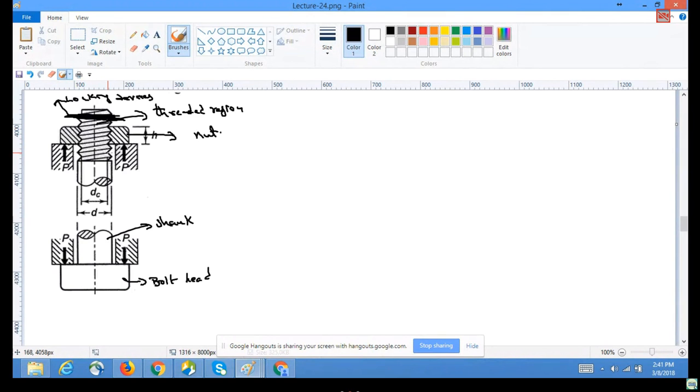But what happens is, since in this bolted framework the cross section suddenly changes at the threaded portion, it is advised to have bolts of uniform strength.